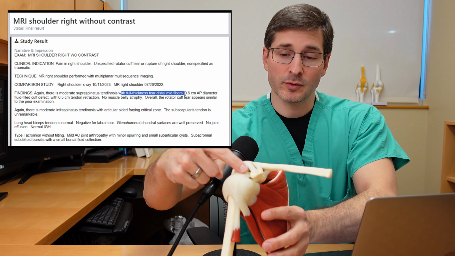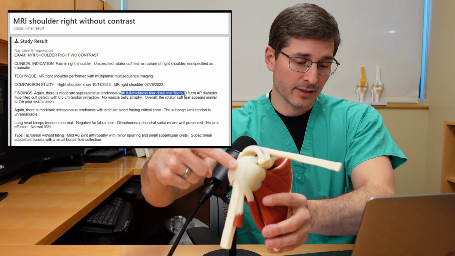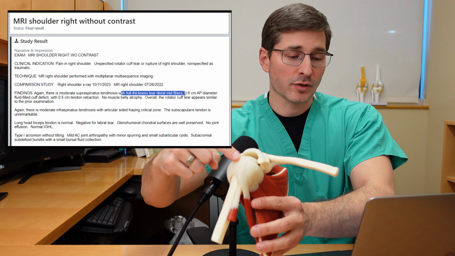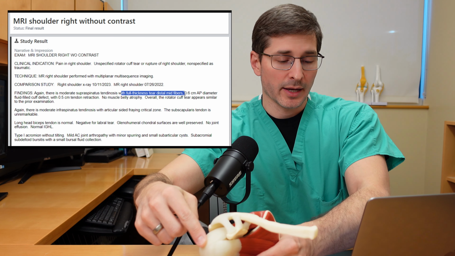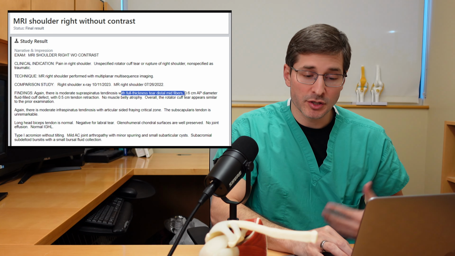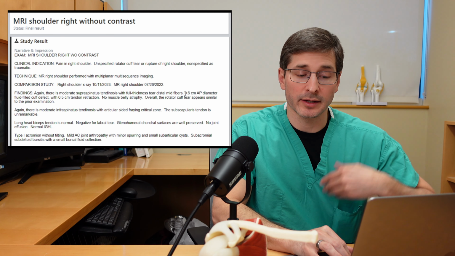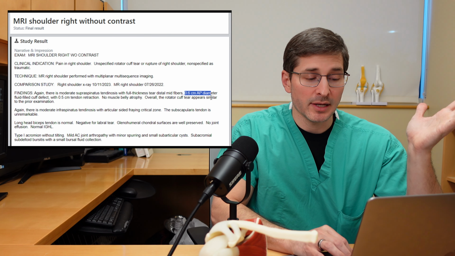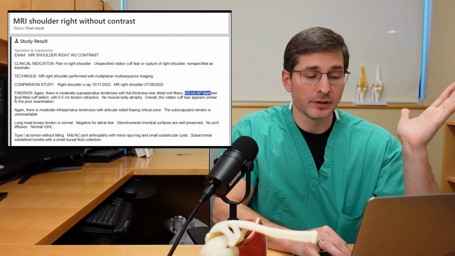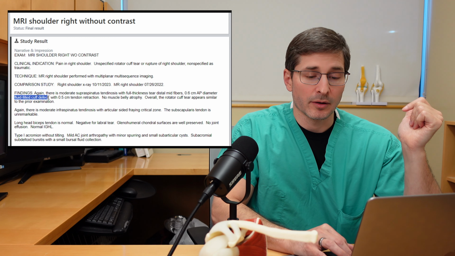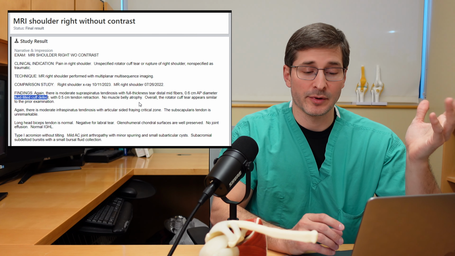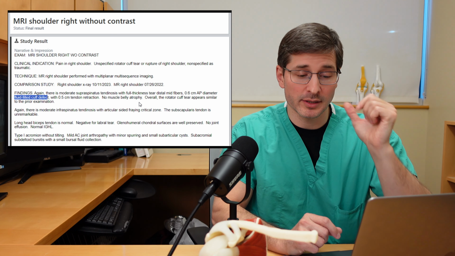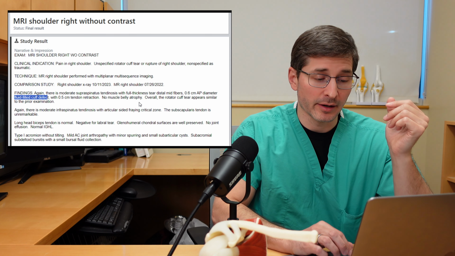So they're saying distal, which is towards the end of the tendon, and mid fiber. So just kind of towards the end of the tendon here. And they provide some dimensions of the tear. So in this case, they're saying it's a 0.6 centimeter AP diameter fluid-filled defect. And so 0.6 centimeters, about 6 millimeters. So it's pretty small. It's not a big tendon, but it's a big tear, but it's there.